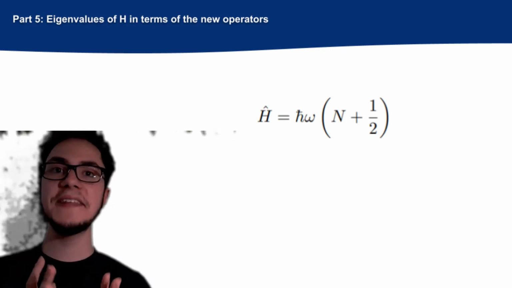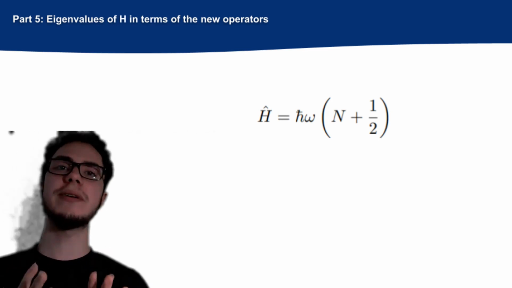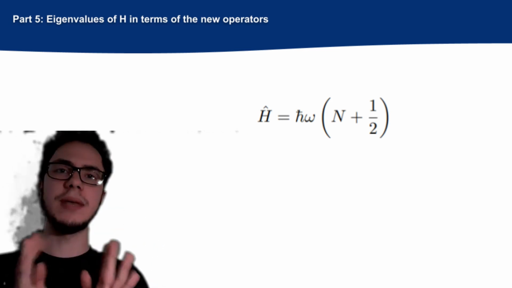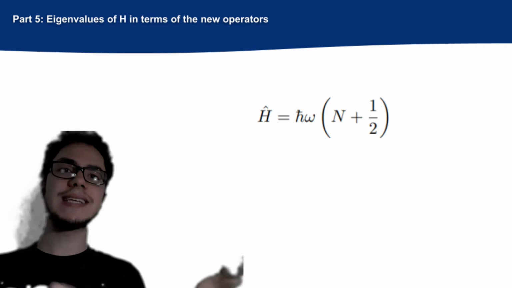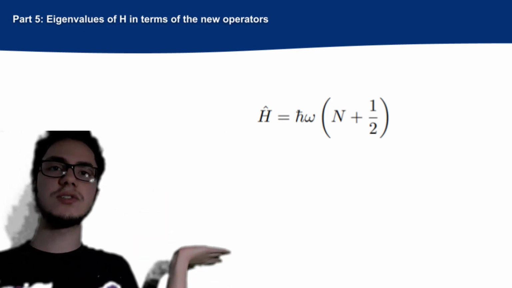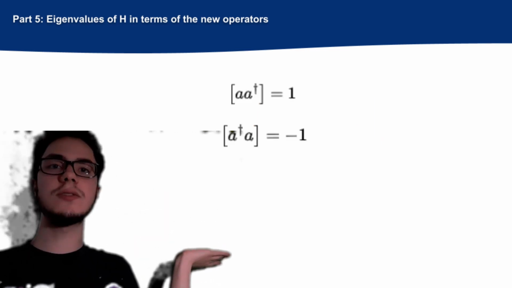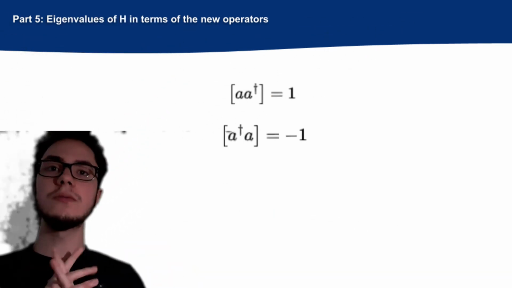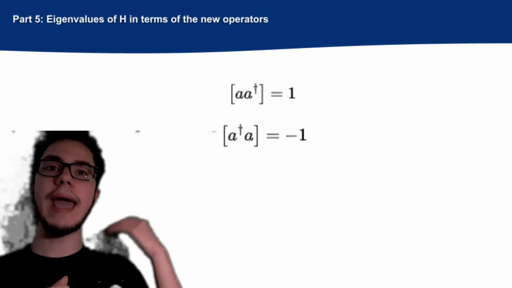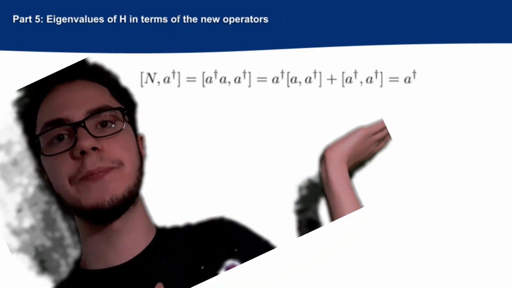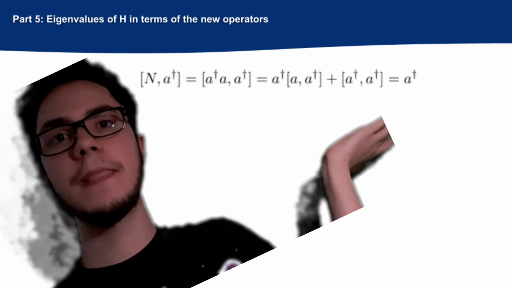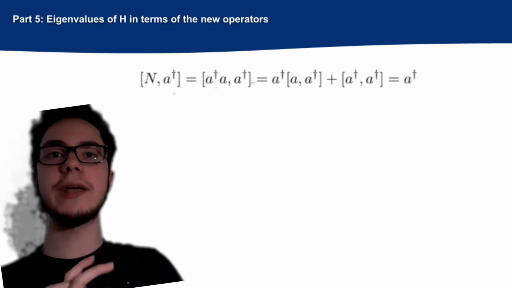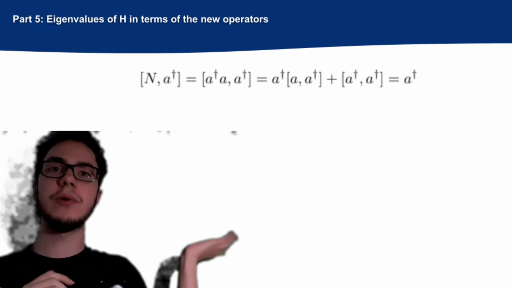I believe that in the beginning these definitions may seem a bit weird, but all of this has a mathematical meaning, so let's discover it, starting by reviewing these commutations between the creation and annihilation operators. Now we can commute the number operator with the creation operator and also the number operator with the annihilation one.